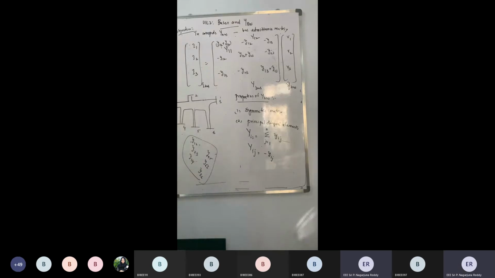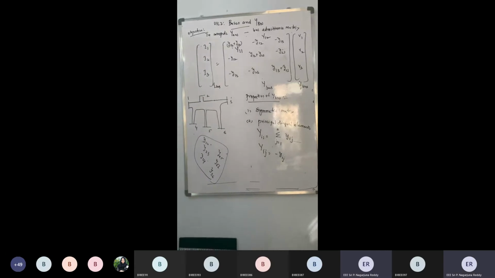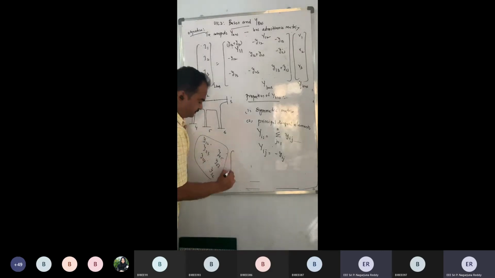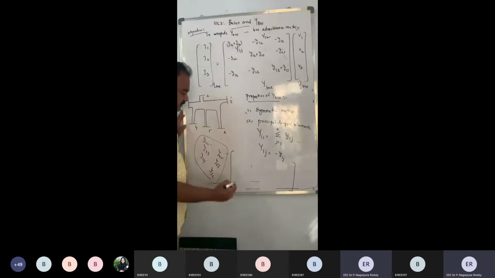Totally, how many buses are there, Beta? In this particular problem, there are 6 buses, isn't it? How many elements are there? The elements are also 6. 6 bus, 6 element network. So what will be the order of the Y bus matrix?